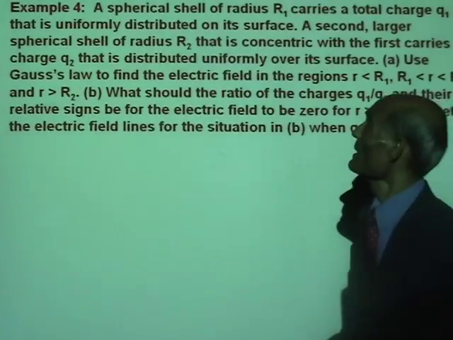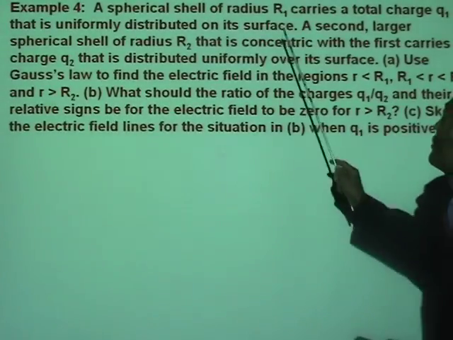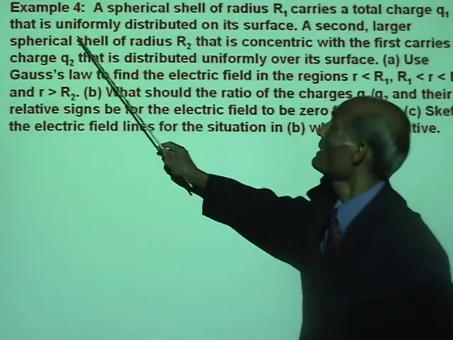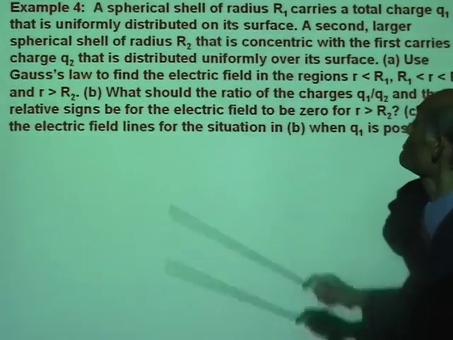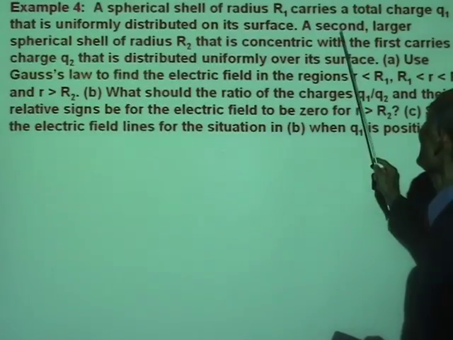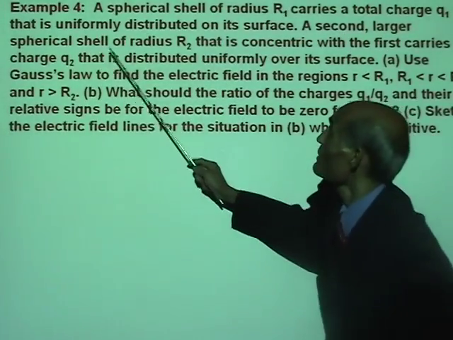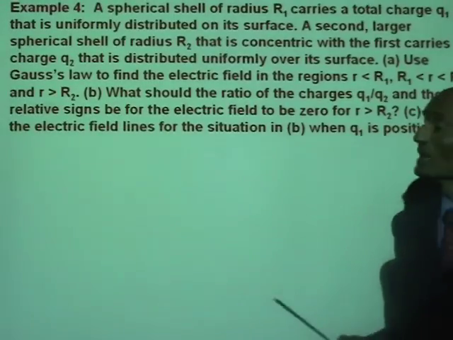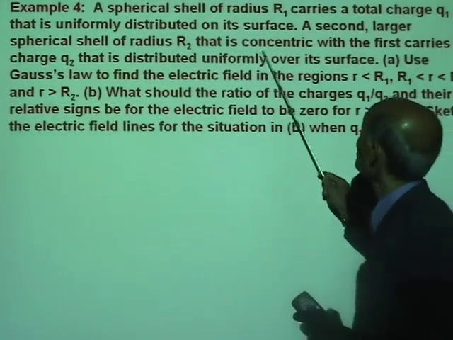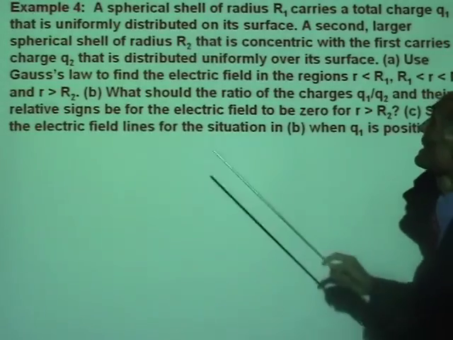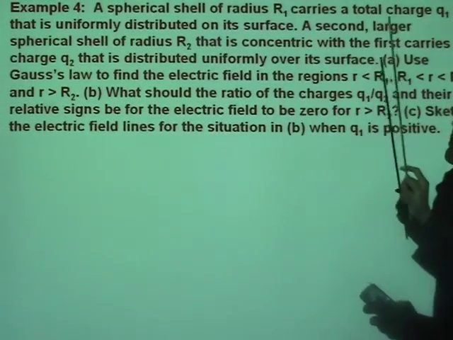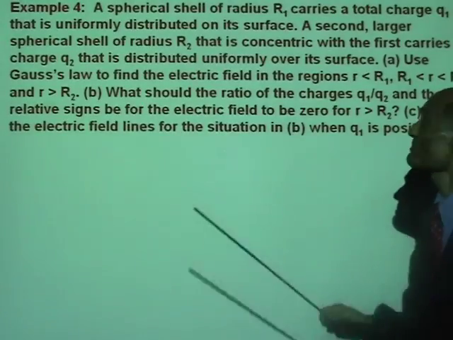Another one. A spherical shell of radius R1 carries a total charge Q1 that is uniformly distributed on its surface. A second larger spherical shell of radius R2. Now try and comprehend the meaning of this. That is concentric with the first, carries a charge Q2 that is distributed uniformly over its surface.